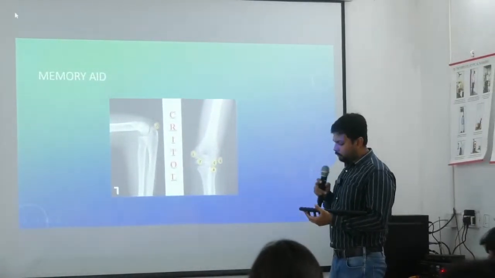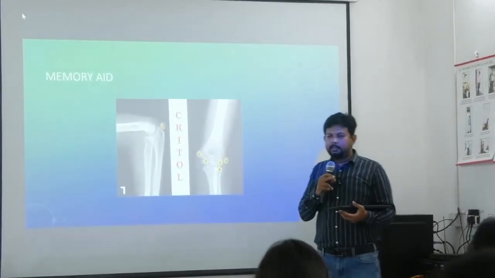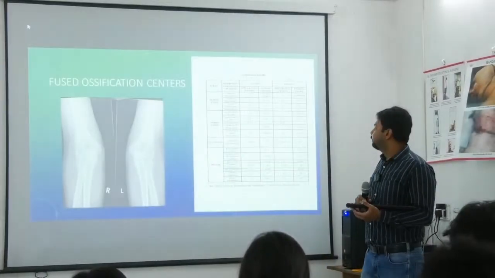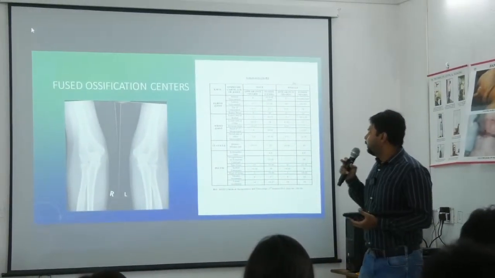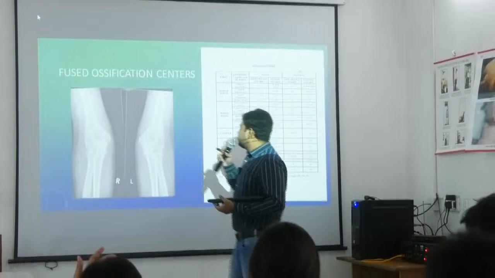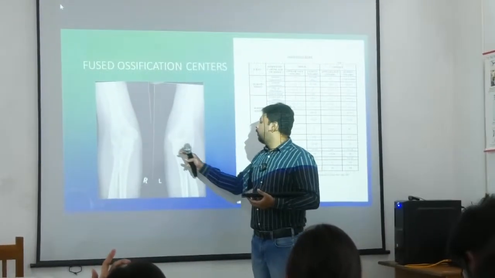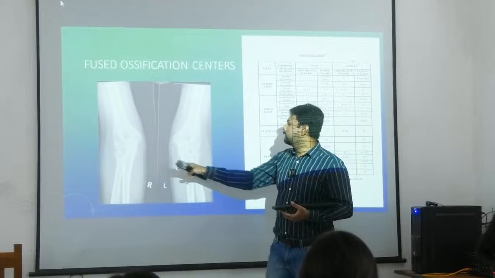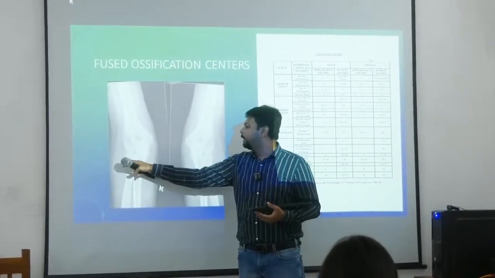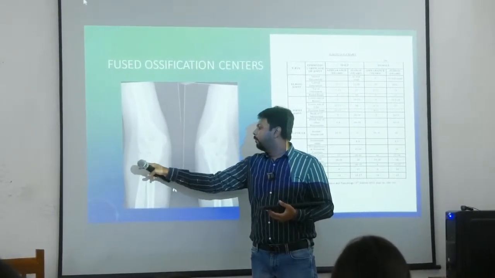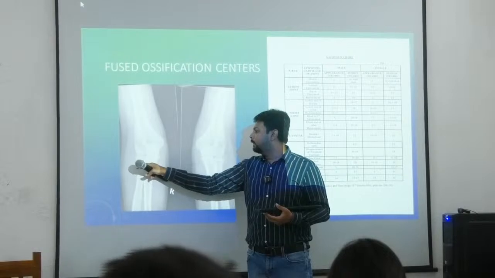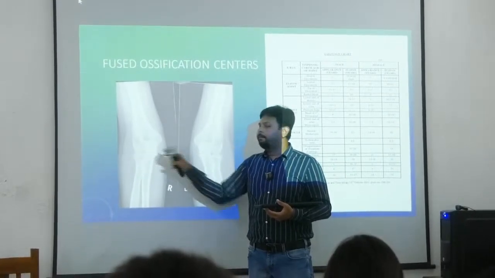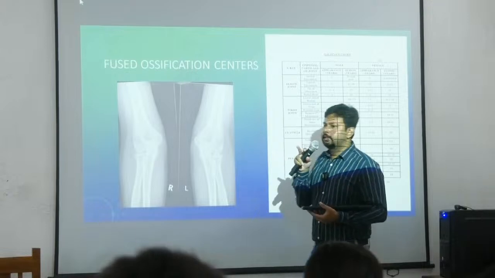Okay, so let's start with the second part, that is the finding part. ঠিক আছে, finding part. In this image you can see all these ossification centers are fused, এগুলো সব ফিউজ করে গেছে, ঠিক আছে, এখানে কোনো গ্যাপ নেই। এই যে এপিফাইসিস এর পরে এই যে মেটাফাইসিস যেটা গ্রোথ প্লেট আছে, এখানে কোনো গ্যাপ নেই, এটা ফিউজ হয়ে গেছে, কোনো ব্ল্যাক লাইন কি কিছু গ্যাপ নেই, ঠিক আছে, these are all fused centers.